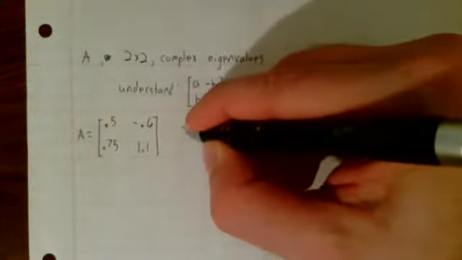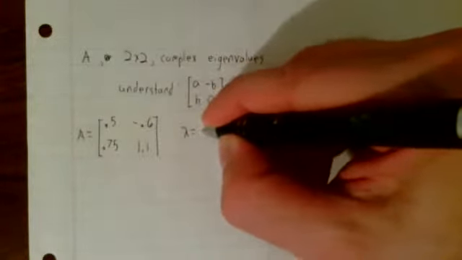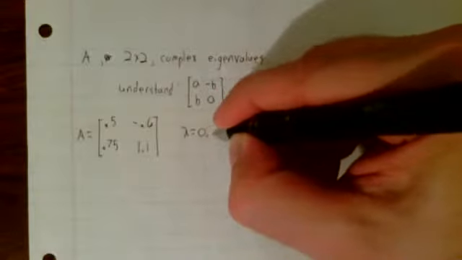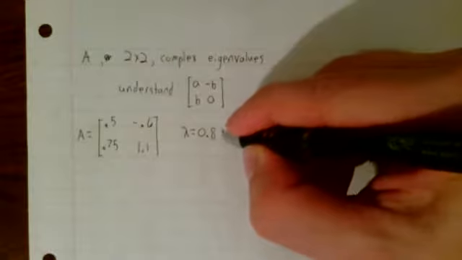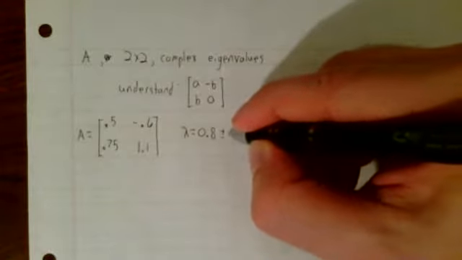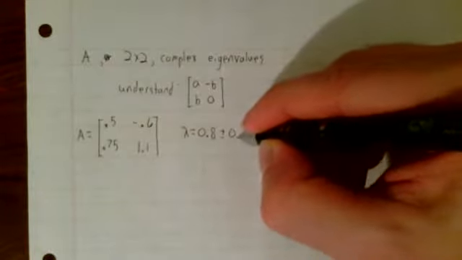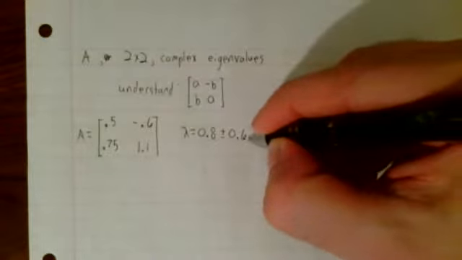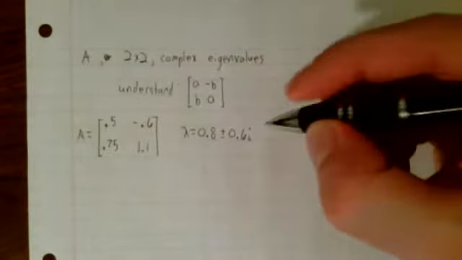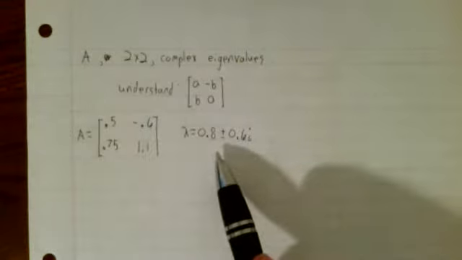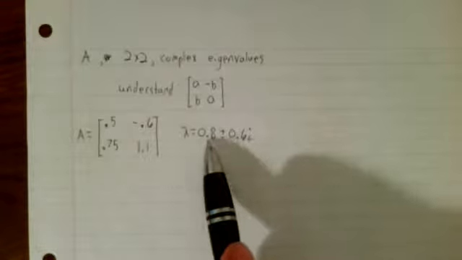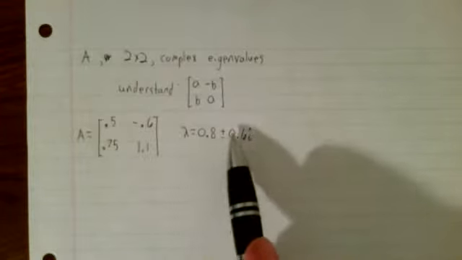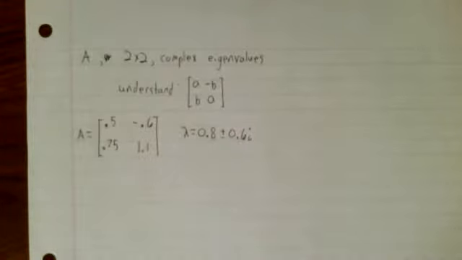In particular, here are the eigenvalues, and I always talk about complex eigenvalues plural, because if you have one complex eigenvalue, you have two. Complex roots appear in conjugate pairs.